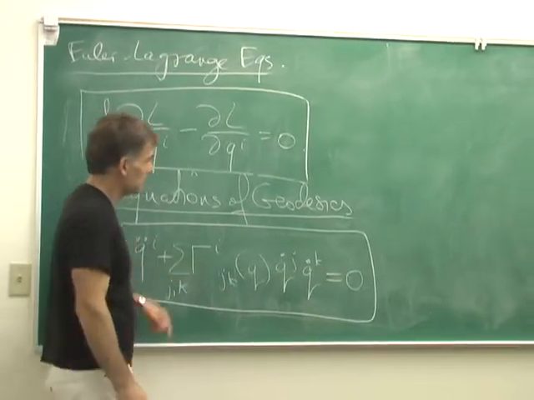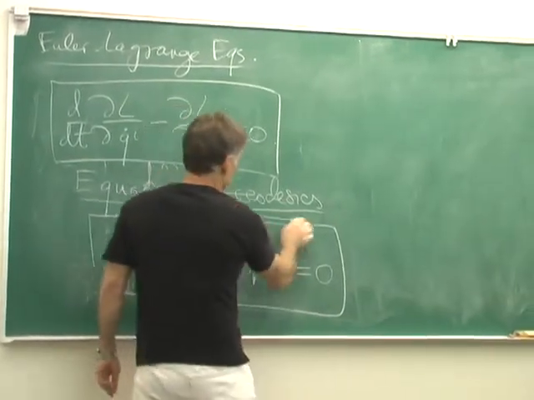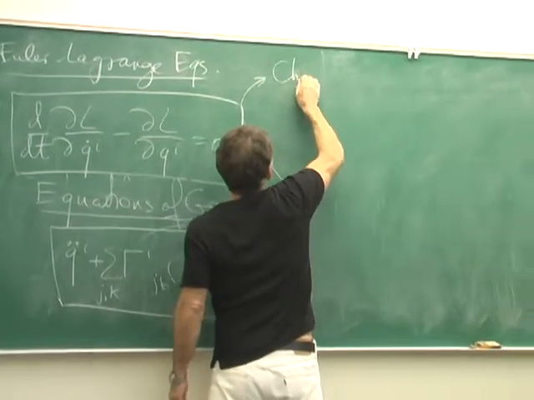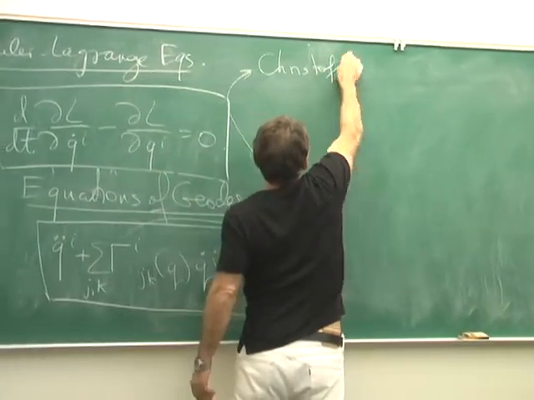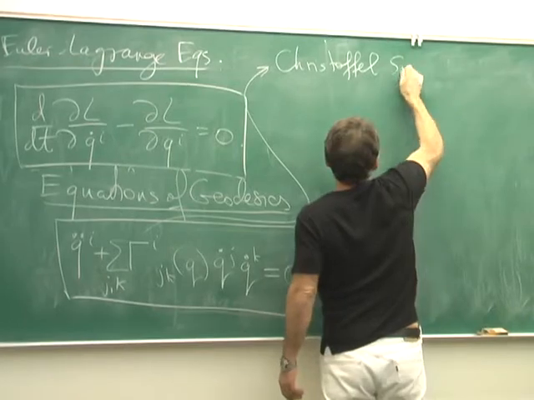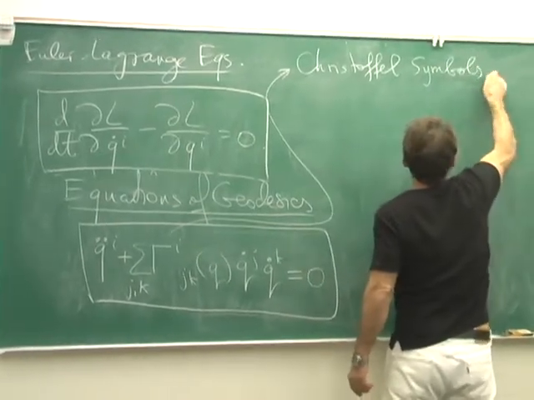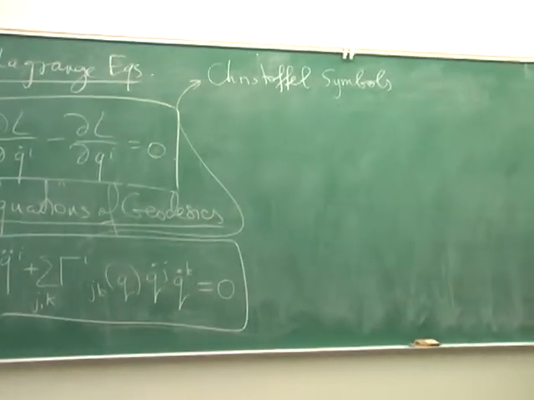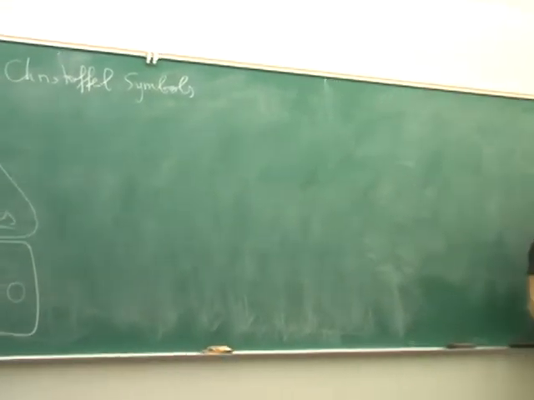When these gammas, they call Christoffel symbols, they'll be exactly this combination of the metric and its derivative.